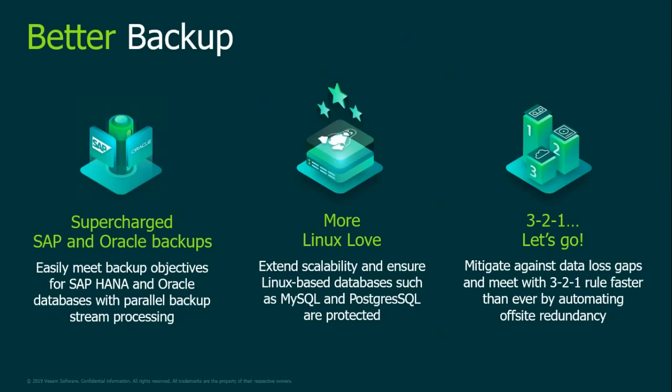Then the most beloved feature for the Linux guys, Veeam has introduced MySQL and PostgreSQL. They have started protecting these. And guys, the most lovable feature for the Linux guy, which in V10 Veeam has introduced, is called Linux Proxy.